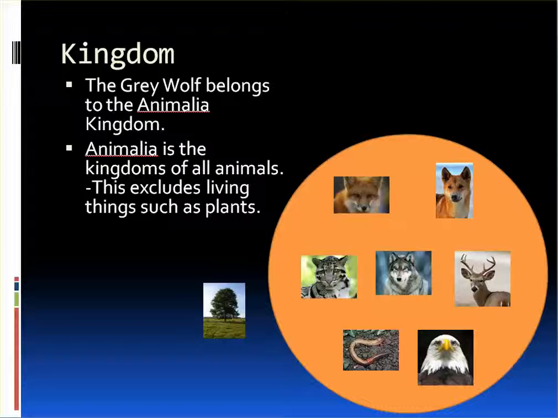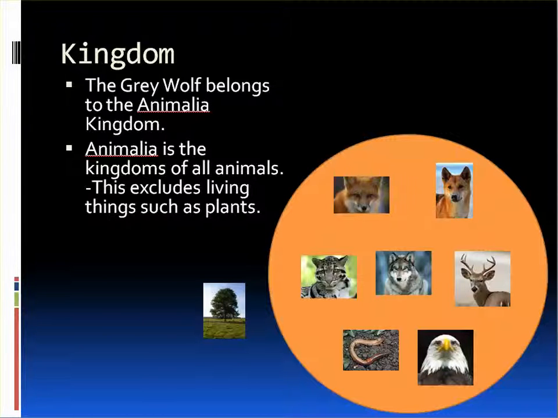That's why if we were to put a few animals in here, we have the fox, the dingo, a clouded leopard, the gray wolf itself, a deer, worm, and the bald eagle. As you can see, the tree is left outside of the animal kingdom because it belongs to the plant kingdom.